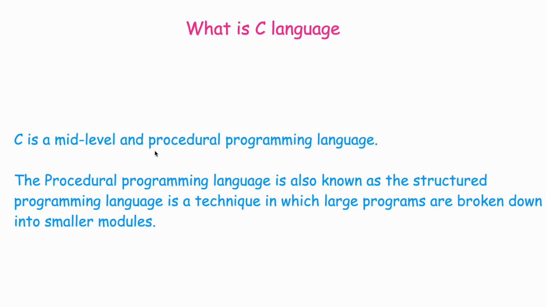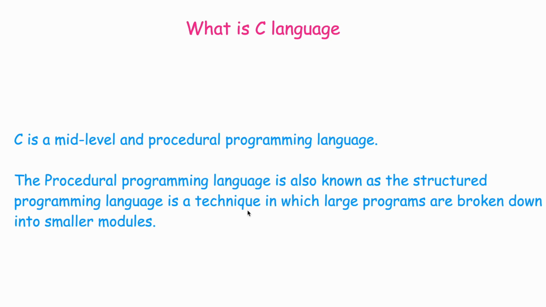But as of now, we will see what procedural programming language means. In normal language, procedural programming language mainly tells us what to do and how to do it. But in technical language, procedural programming language is a structured programming language.